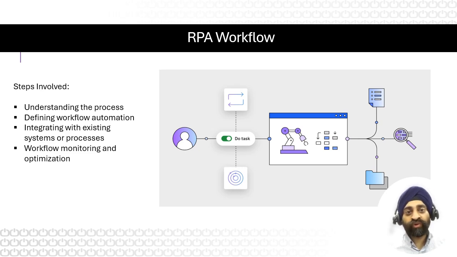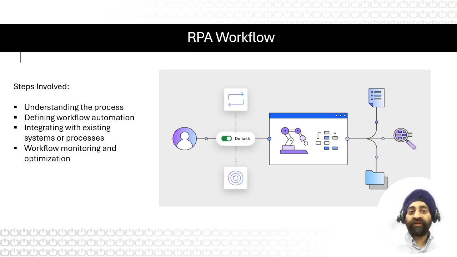Let's walk through the typical steps involved in an RPA workflow. First, we start with understanding the process. This involves mapping out the current manual steps and identifying which parts of the process can be automated.